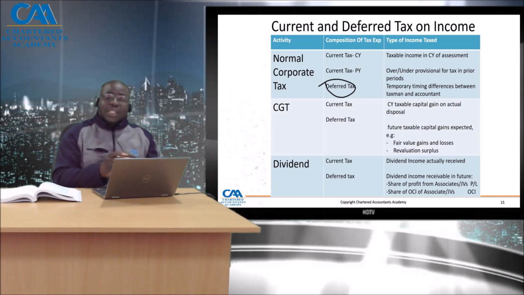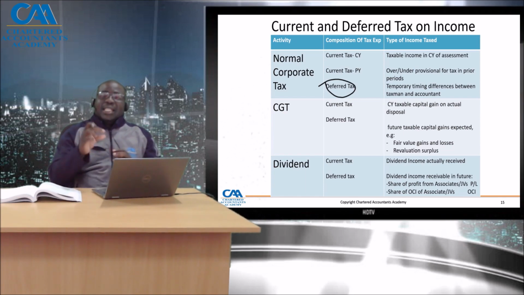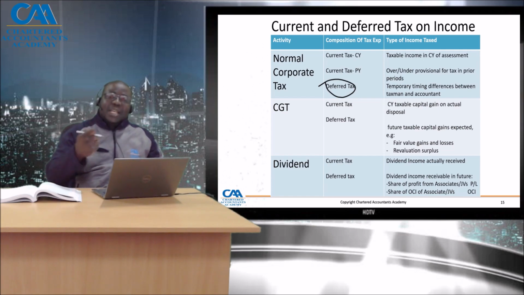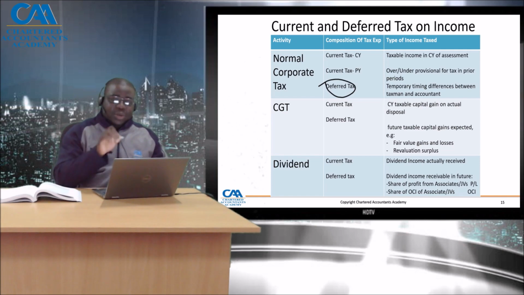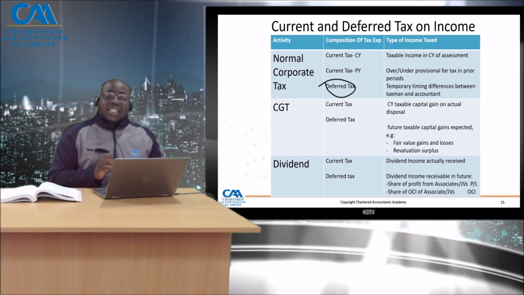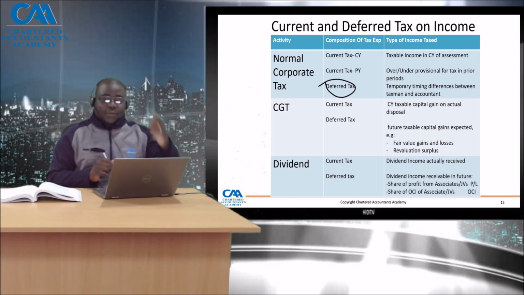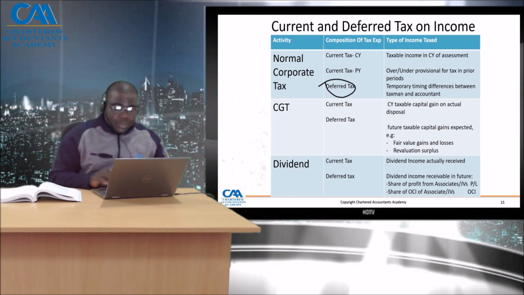If it's land and buildings under PPE, I can see a revaluation of 20,000 in the other comprehensive income. So it has been earned now, but the payment will happen in the future when I sell that building. So that tax is accrued now but payable in future, hence deferred.